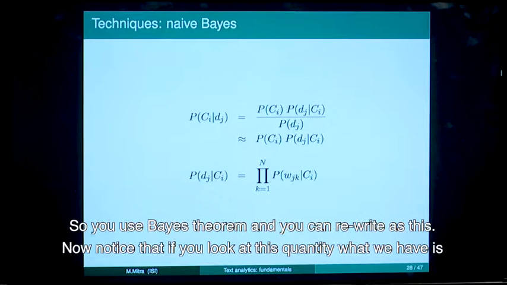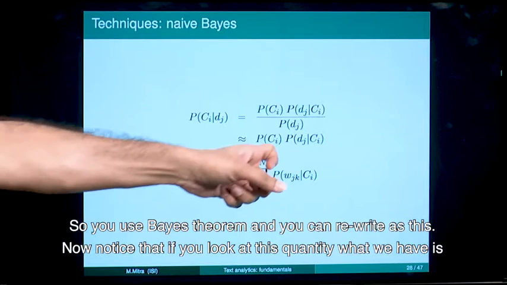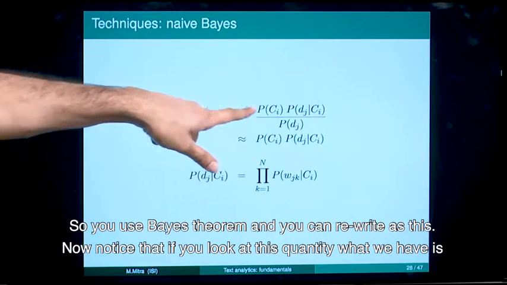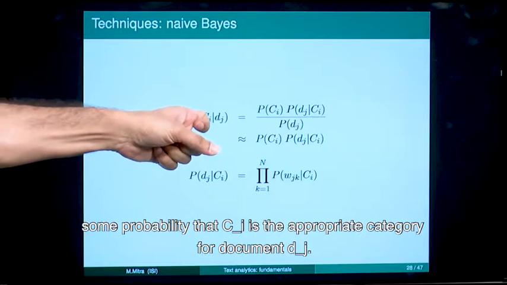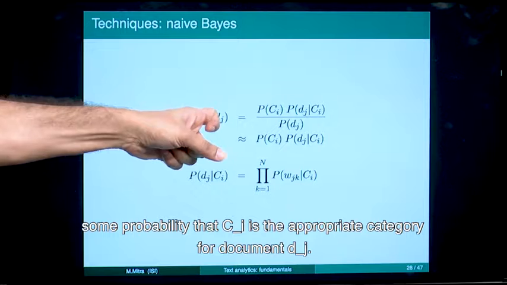So, you use Bayes theorem and you can rewrite it as this. Now, notice that if you look at this quantity, what we have is some probability that Ci is the appropriate category for document dj.